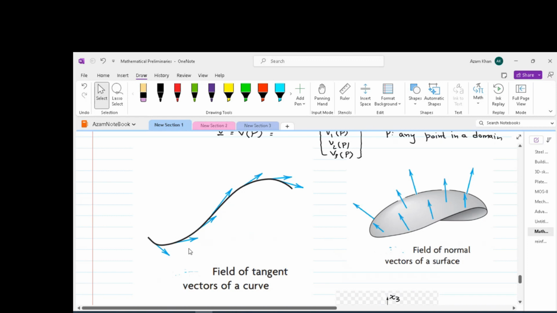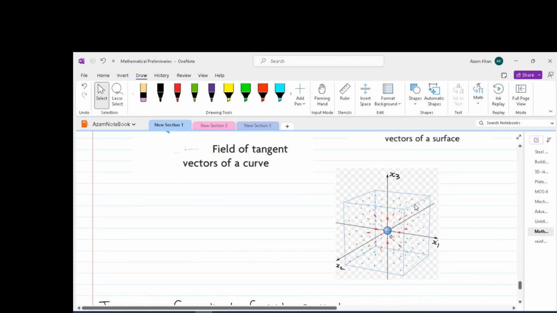The vectors in the vector field give us some idea about a pattern. For example, within this box, there are many vectors, and we can see that as the distance from the origin increases, the vector magnitude reduces. As we move towards the origin, the vector magnitude increases.